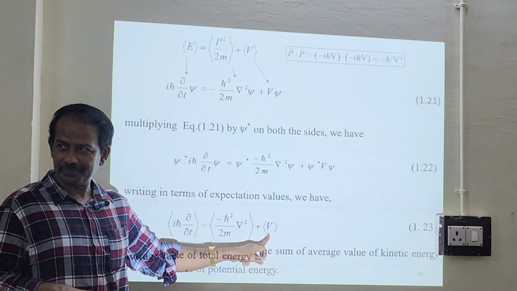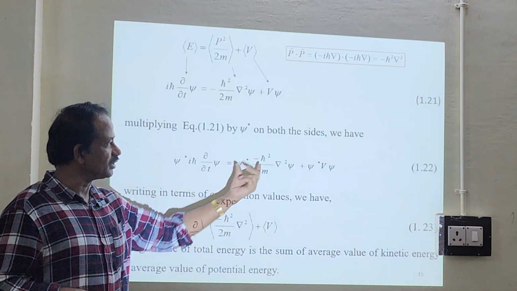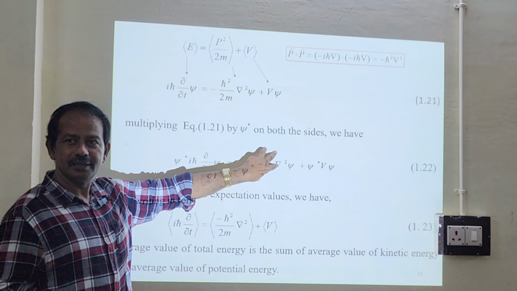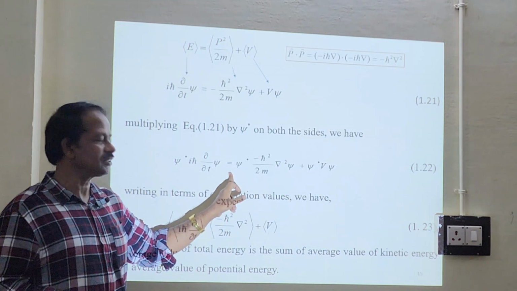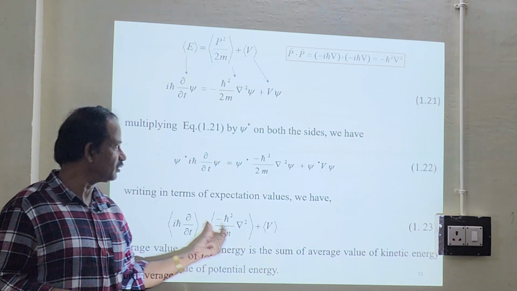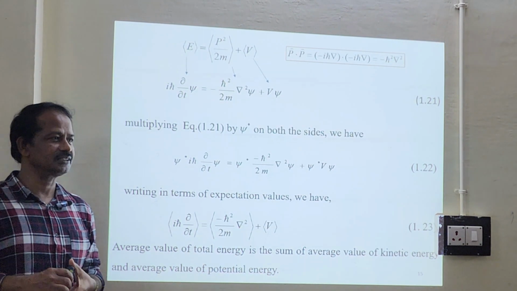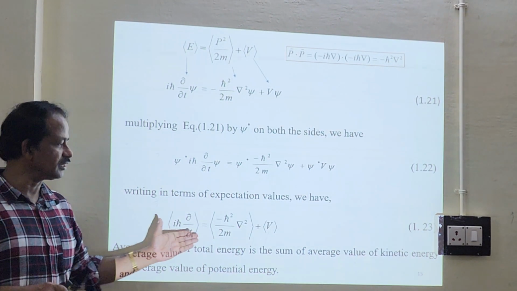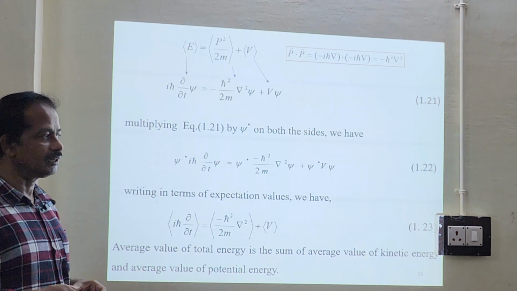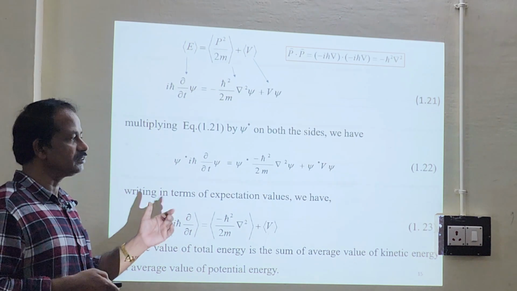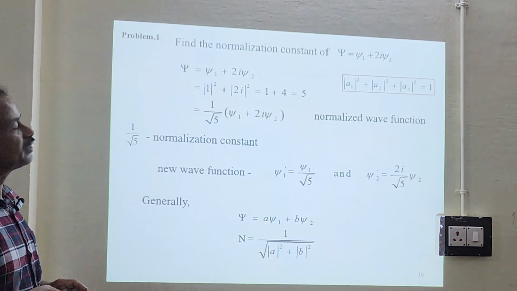Similarly, you can go for another one. We have the kinetic energy operator sandwiched between the complex conjugate and the normal one. That will give you the expectation value. So this is nothing but the expectation value of the total energy. So the expression of the total energy is nothing but the sum of the average value of kinetic energy and the average value of the potential energy. This is equation 1.23.